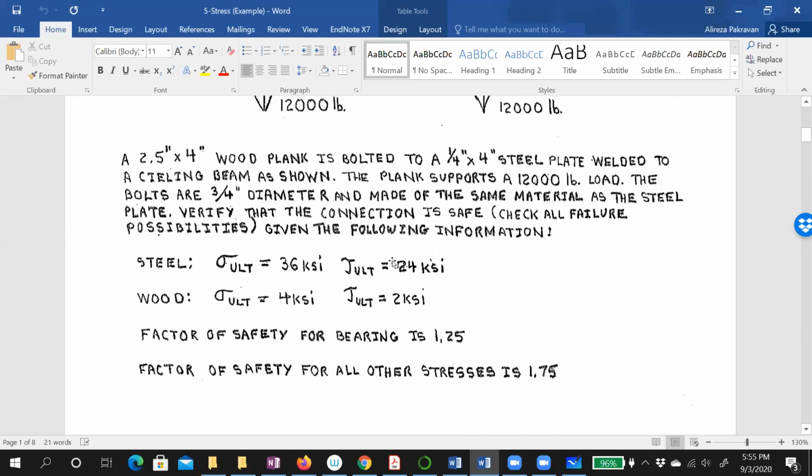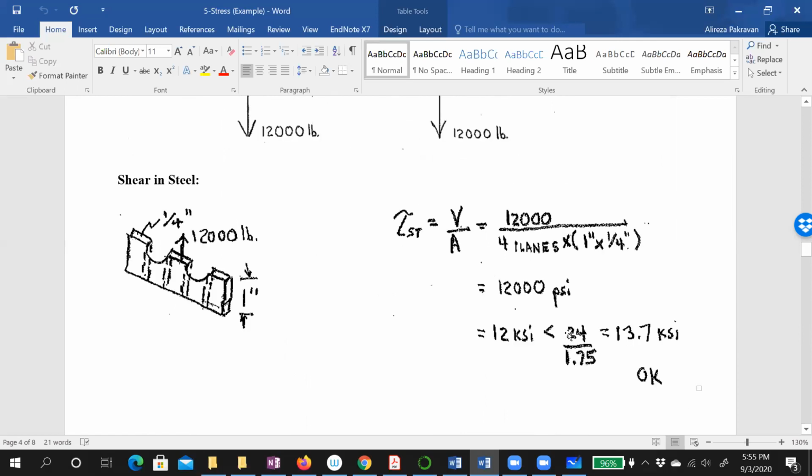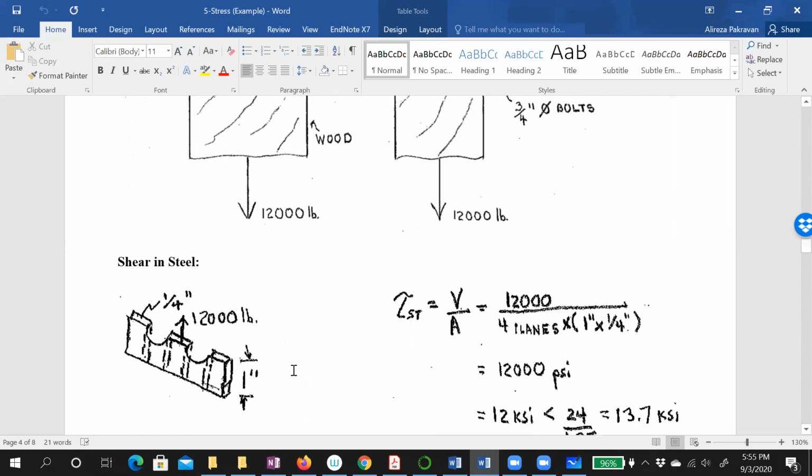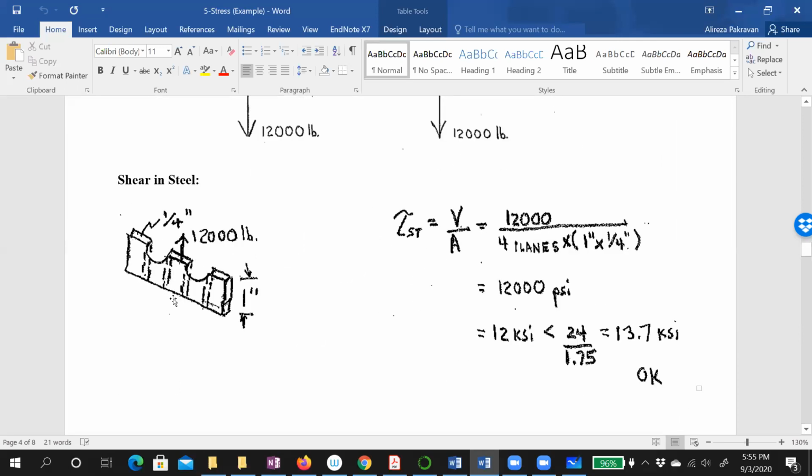Now we should compare with the allowable stress based on that. 24 divided by the factor of safety 1.75 would be 13.7, and 12 is less than 13.7, which means the steel plate under shear is fine, is good, right? Does it make sense to you?